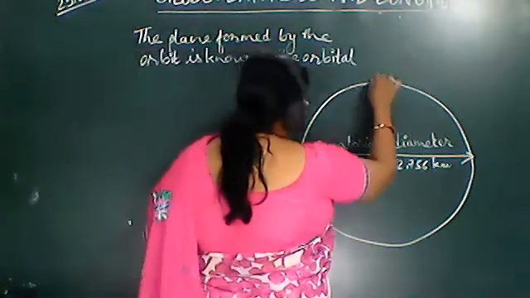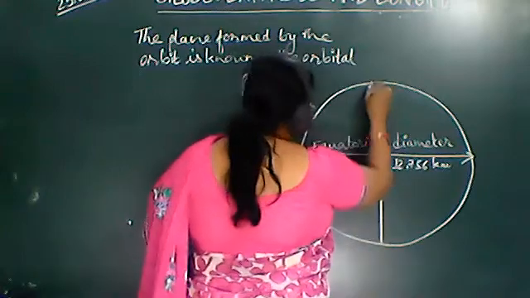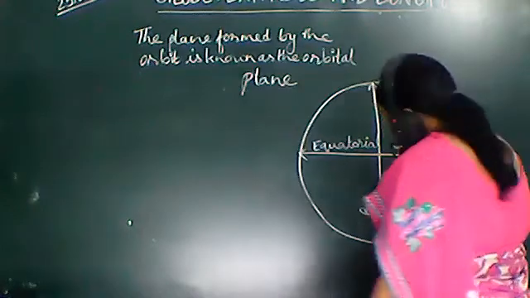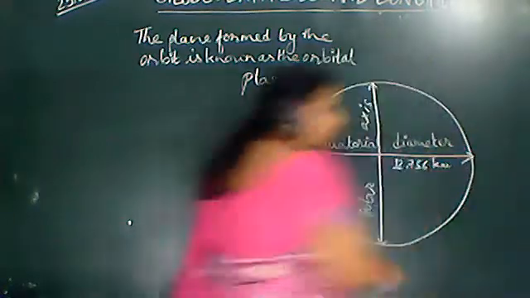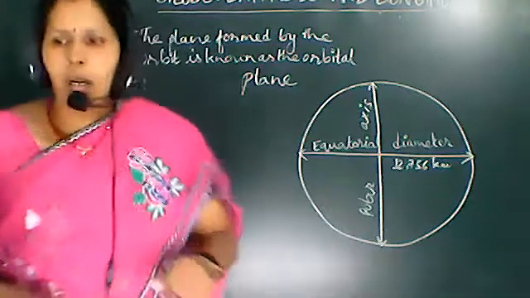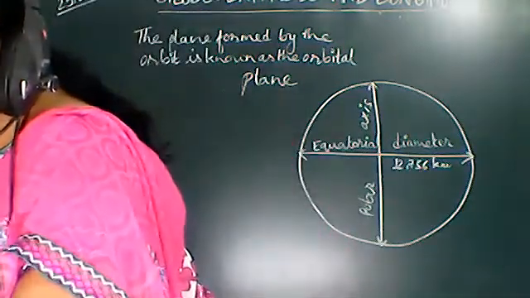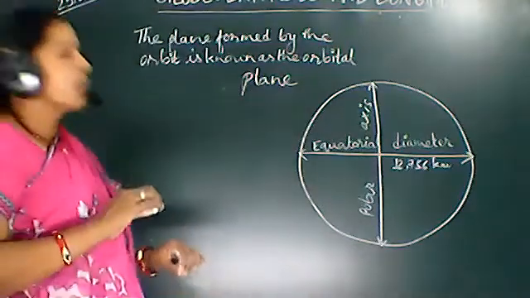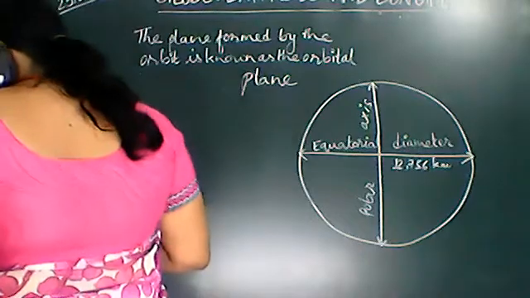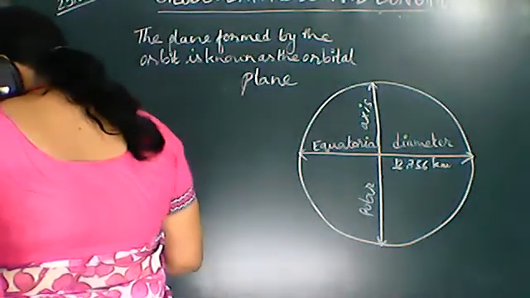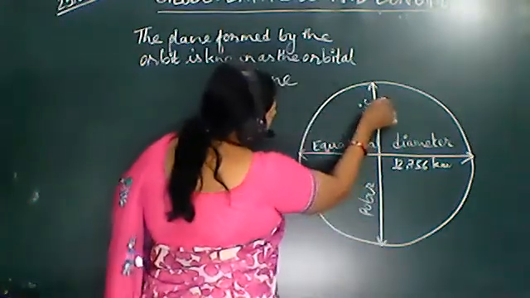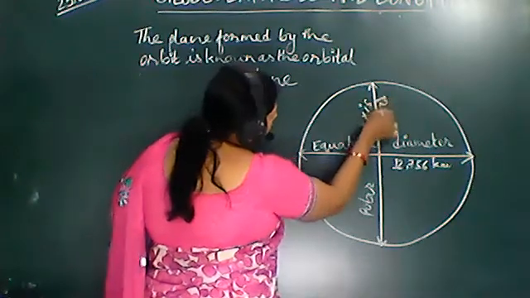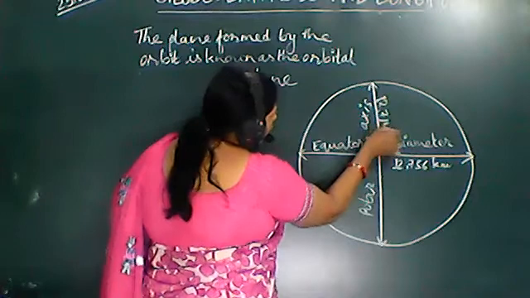Now, if you want to understand the polar axis, this is the polar axis, and the polar axis is 12,714 kilometers.